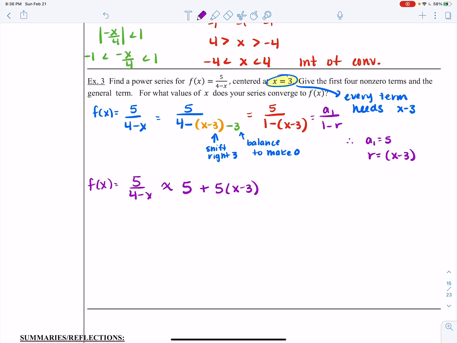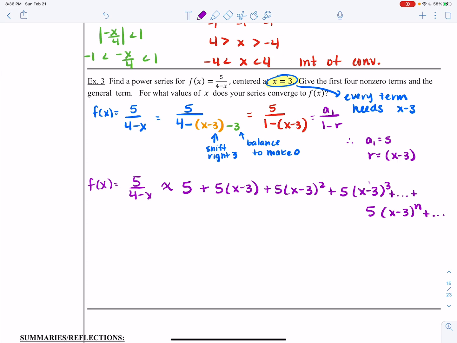I'm going to multiply by another x minus 3, so 5 times x minus 3 squared. Notice the 5 isn't changing. I'm going to multiply by another x minus 3, so x minus 3 cubed.